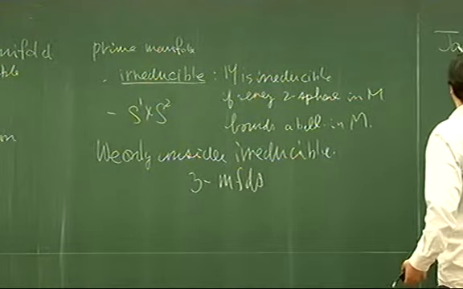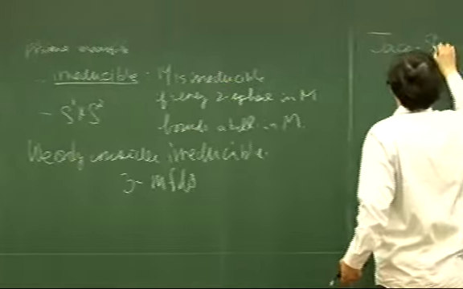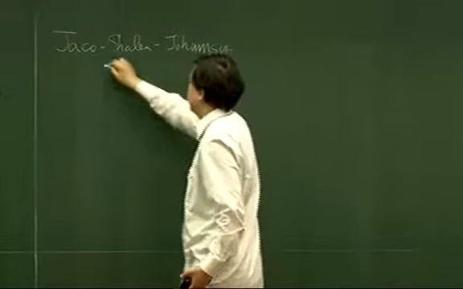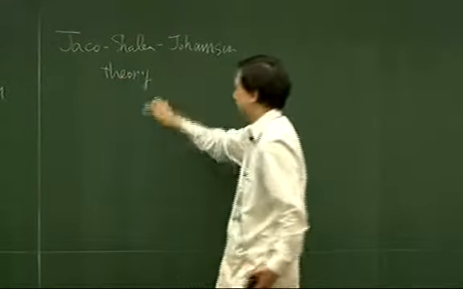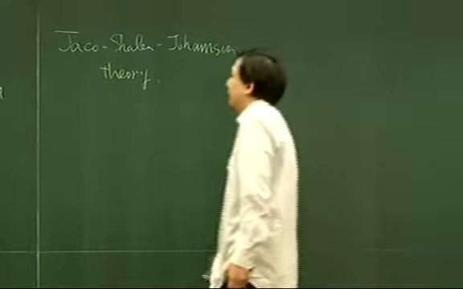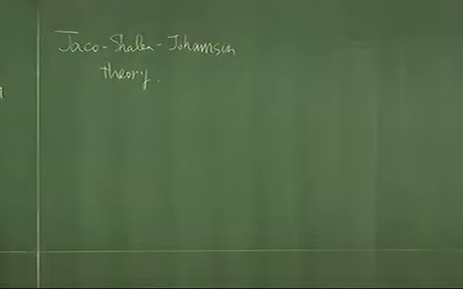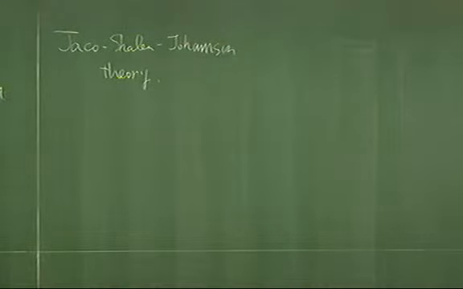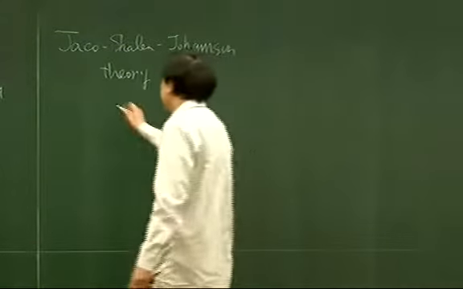That's called the theory of Jaco, Shalen, and Johannson. The JSJ theory is in general the decomposition along tori and annuli, but in our setting, the decomposition along annuli doesn't concern us. So we only consider the torus decomposition.